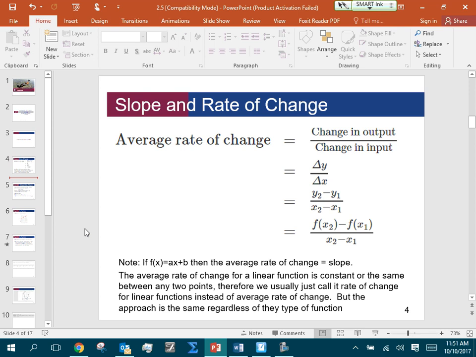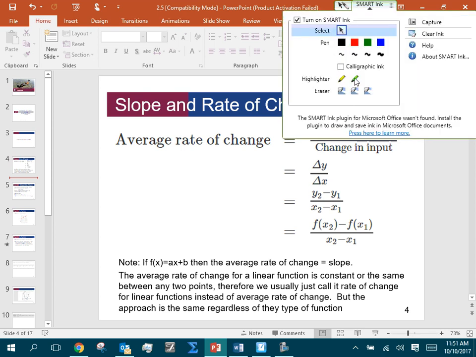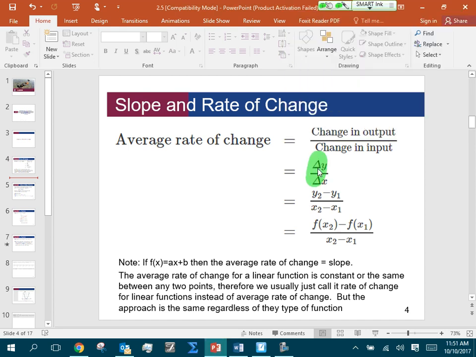So you say difference in output divided by difference in input. And in a science class, maybe you see it written as, you guys know what this Greek symbol is right there? Delta. So we see it as delta y over delta x, which is again change in y over change in x.